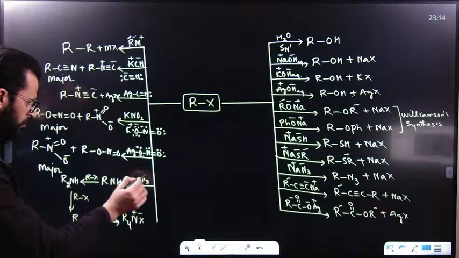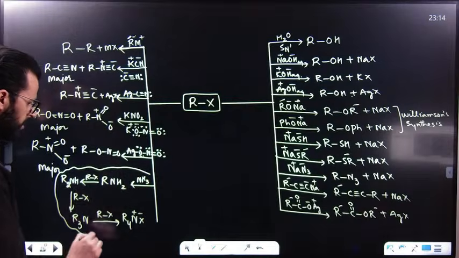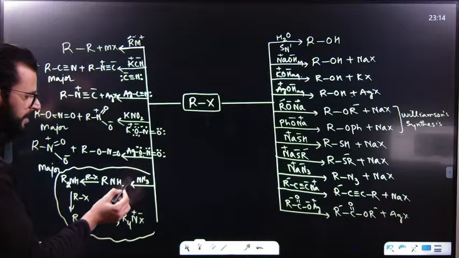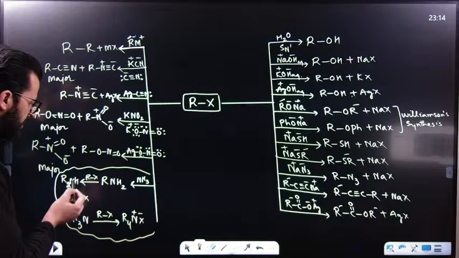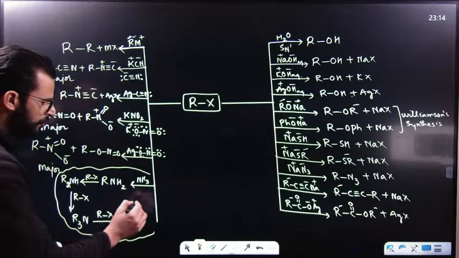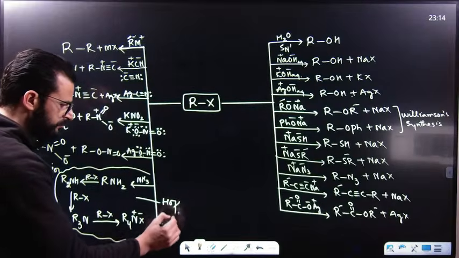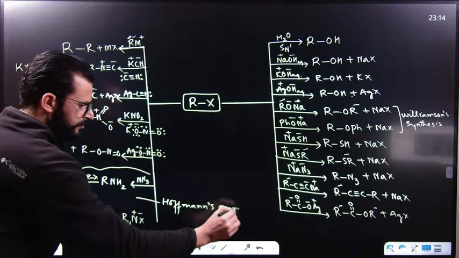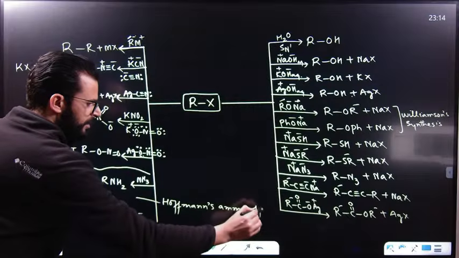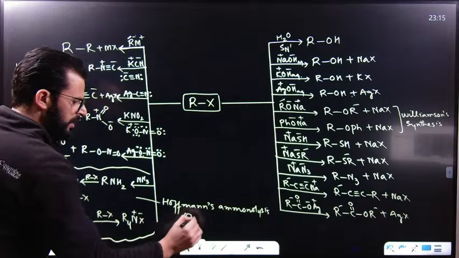And remember, this reaction in which alkyl halide reacts with ammonia resulting in the formation of quaternary ammonium salt via primary amine, secondary amine and tertiary amine is known as Hoffman's ammonolysis of alkyl halide.